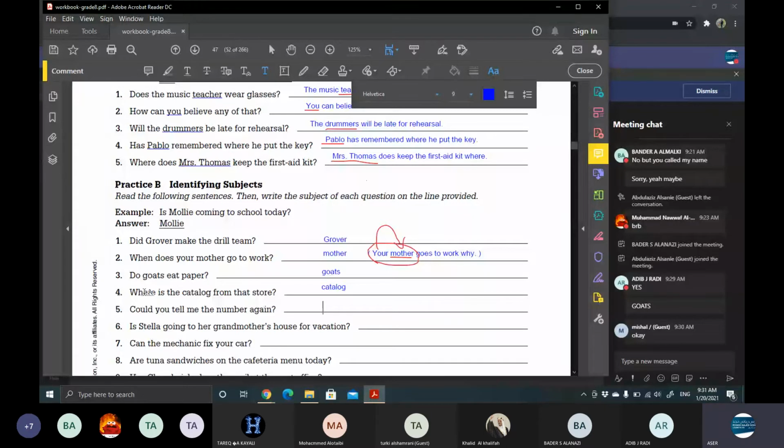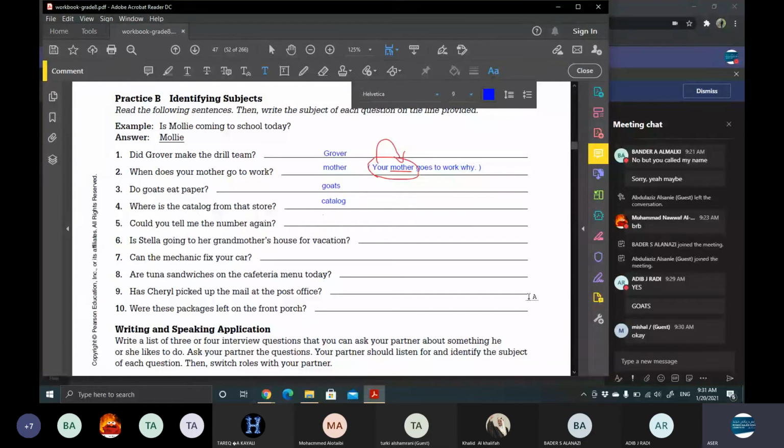Number 5. Mishal, can you answer number 5? Could you tell me the number again? You can type in the chat, Mishal. Mishal Al-Duhi, can you hear us?